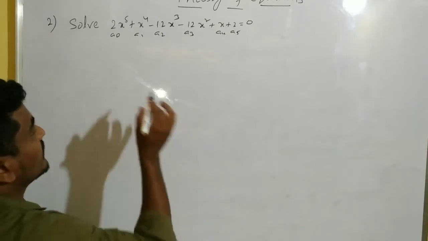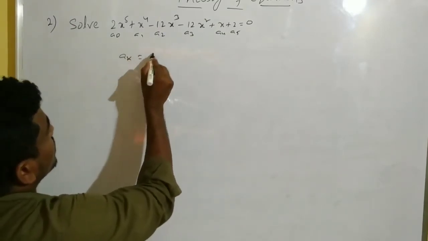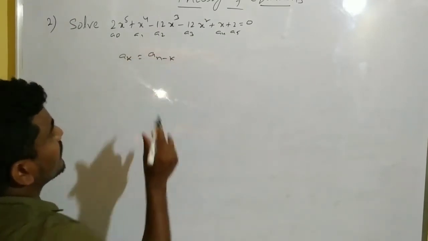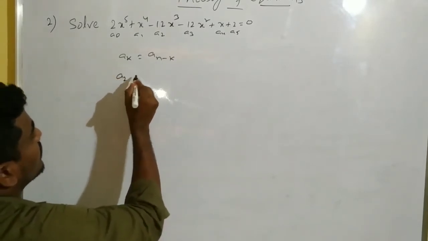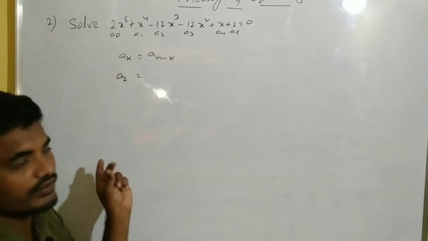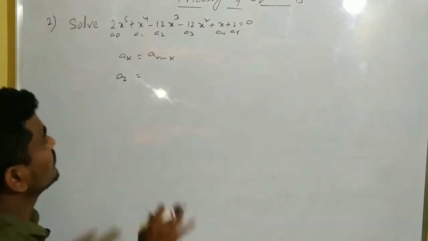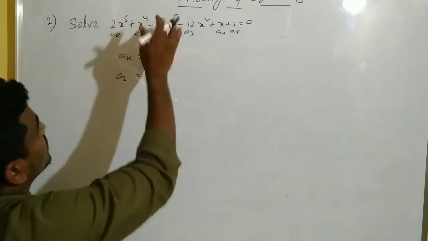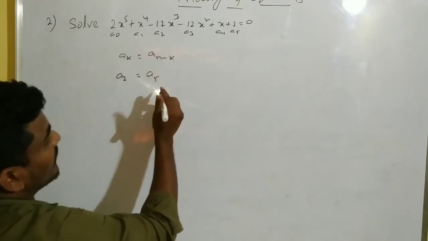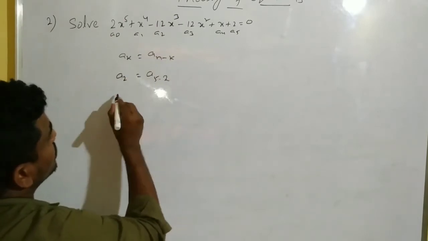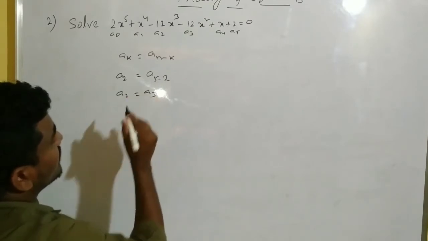Let me substitute k equals to 2 in this formula. Whatever it may be, you can substitute any number in the k place, and it is a fifth degree polynomial equation, so 5 minus k is 2, a2 equals to a3.